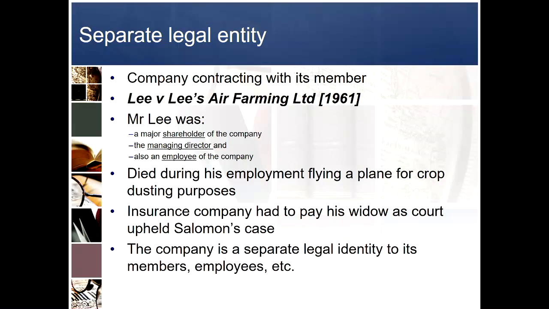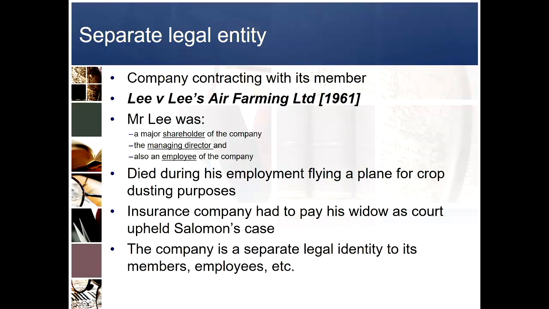Was the individual doing the work of the company when they suffered the injury? So in response to that test here, the Privy Council said, well, he was out flying the little aircraft. So yes, he was doing the business of the company.